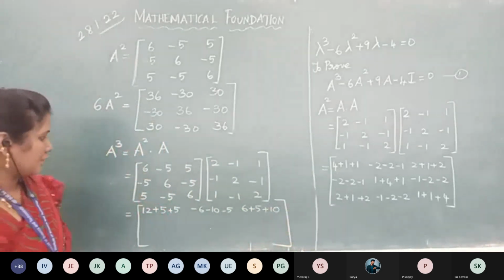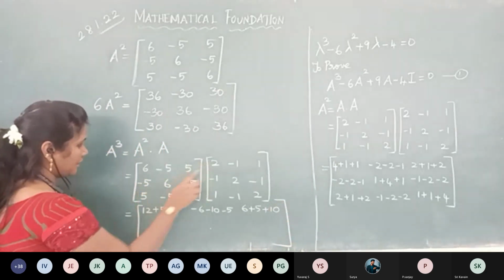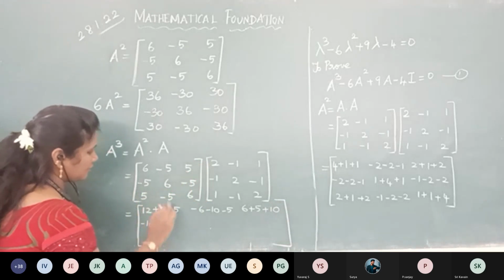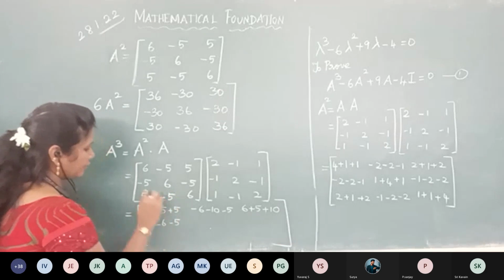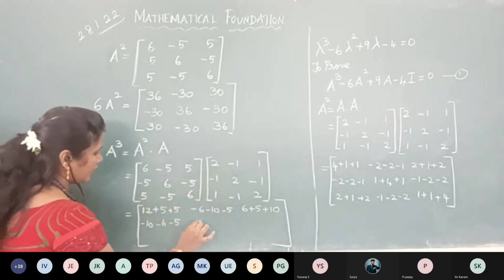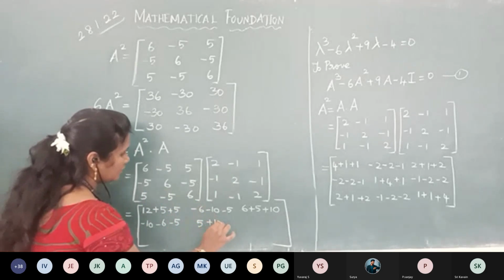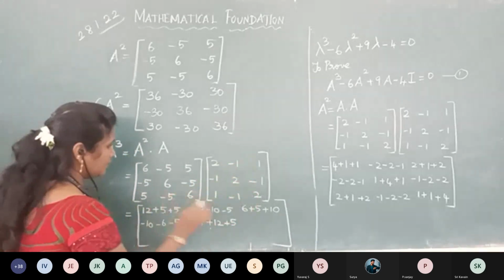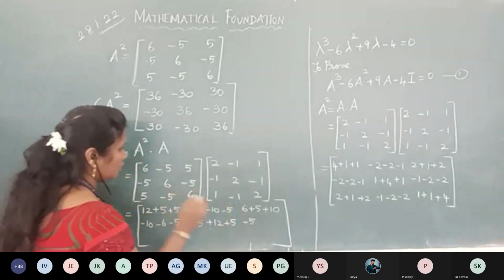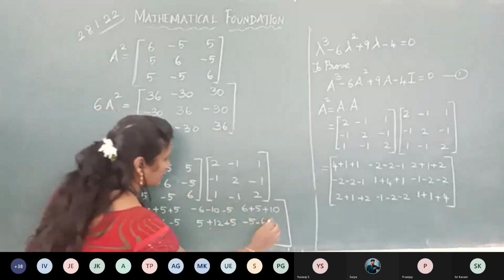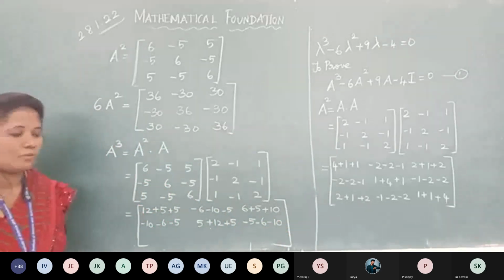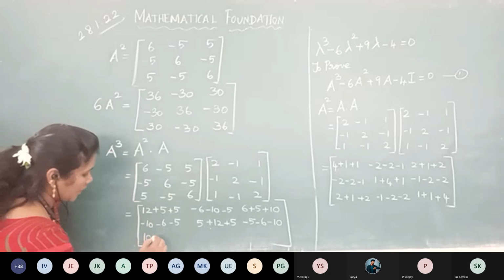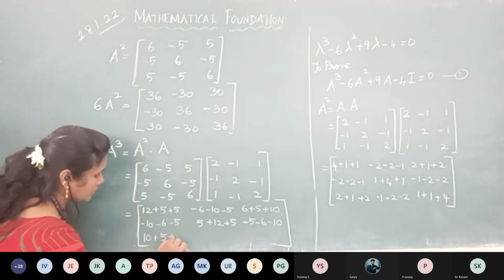Similarly, second row, first column: minus 5 into 2 is minus 10, minus 6, minus 5. Second row, second column: 5 plus 12 plus 5. Second row, third column: minus 5, minus 6, minus 10. Third row, first column: 10 plus 5 plus 6.